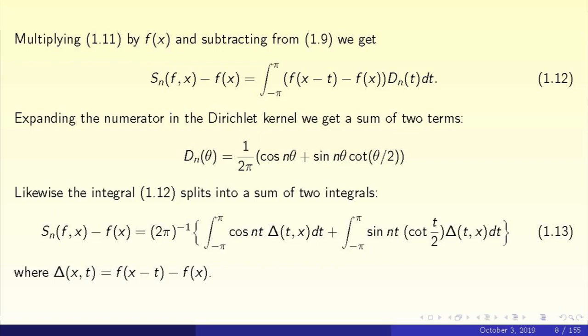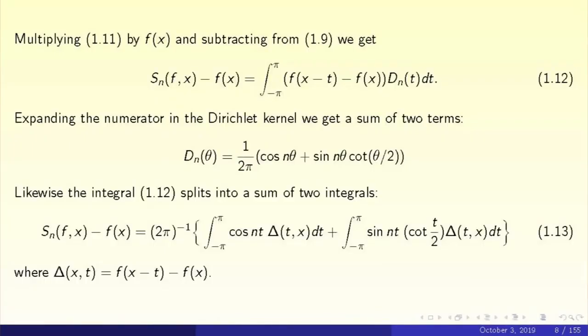That expression f of x minus t minus f(x), let us abbreviate it as delta xt for simplicity, right? So the integral in 1.12 splits into two integrals as displayed in 1.13 using the expression for dn theta in the middle of the slide. The integrals in 1.13 have to be examined carefully. What happens as n tends to infinity? This is what we shall now proceed to do in the next half hour. Okay?